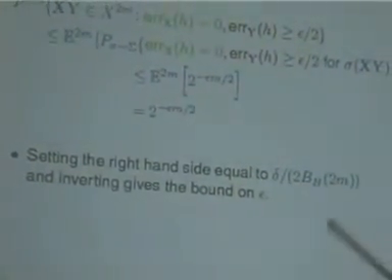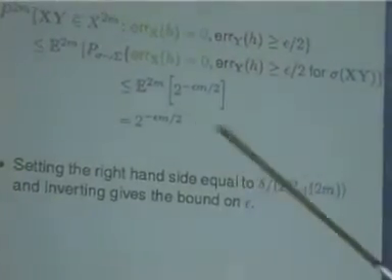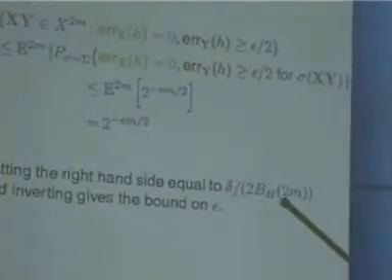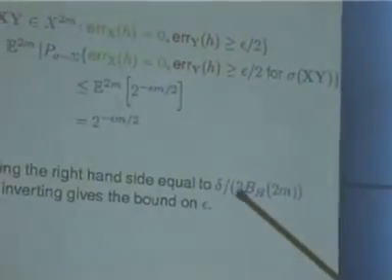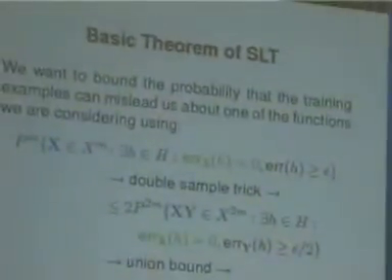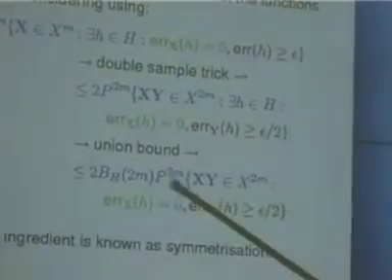Now what we can do is set this equal to delta over 2 BH of 2m, as we're now back to putting the whole thing together. Effectively, that 2 BH of 2m is here. What we want to do is make this less than delta, so we're going to make this quantity less than delta divided by 2 BH of 2m.